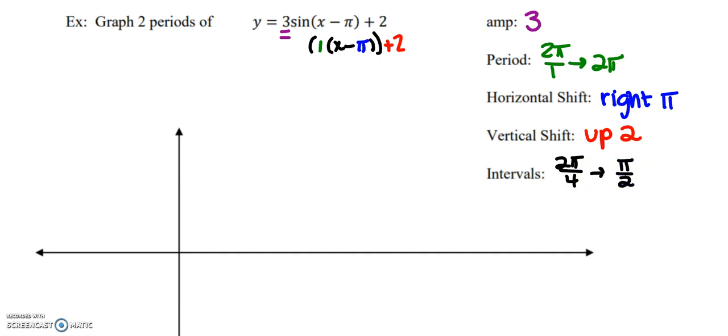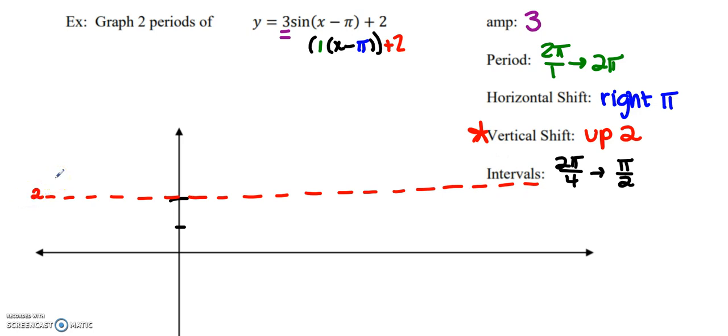All right, so every time I've started graphing, I've started by graphing the midline right at 0. This time, my midline is supposed to be moved up 2. So I'm going to start at 2. And there is my midline.